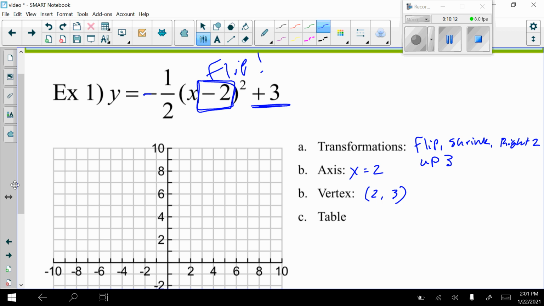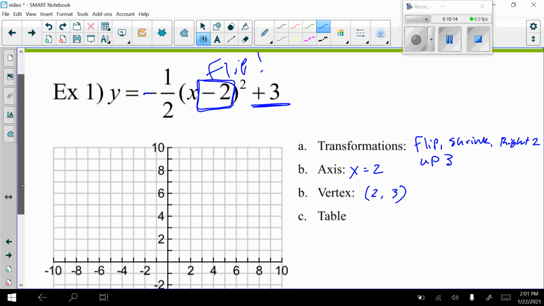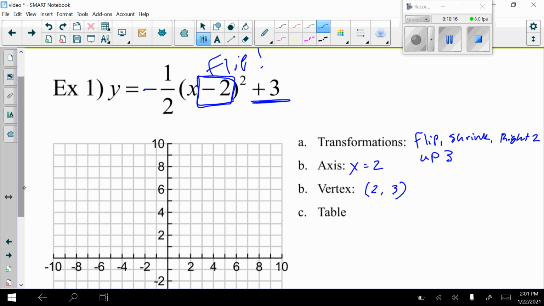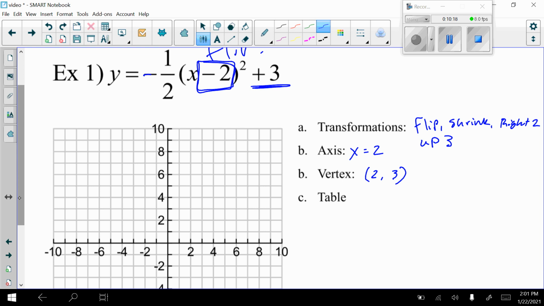To graph this thing, we're going to use a table. We're pretty much always going to use a table to graph stuff in this class. So here's how we're going to do it. We've done a couple of these already, but these ones will be a little bit more interesting. So I'm going to build a table here.